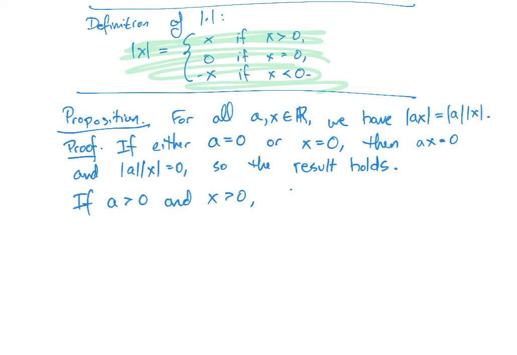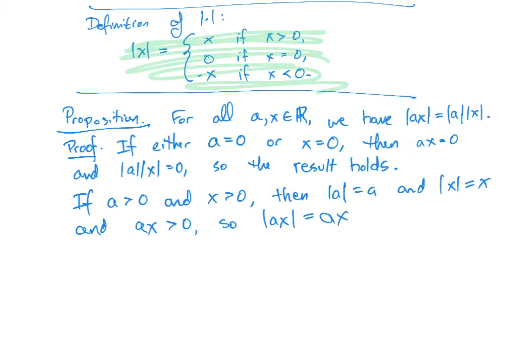If a is greater than 0 and x is greater than 0, then the absolute value of a is a, and the absolute value of x is x, and ax is greater than 0, so the absolute value of ax is equal to ax.